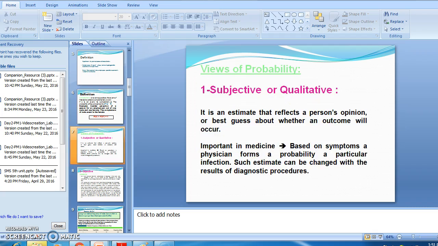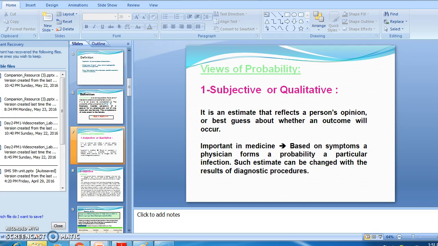So now let's see some views of probability. Firstly, a subjective or qualitative view of probability. Probability is an estimate that reflects a person's opinion or best guess about whether an outcome will occur.